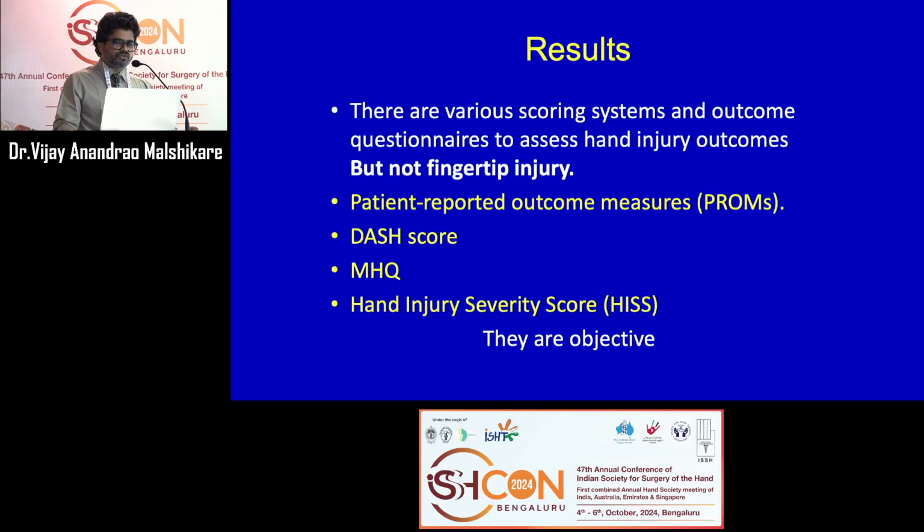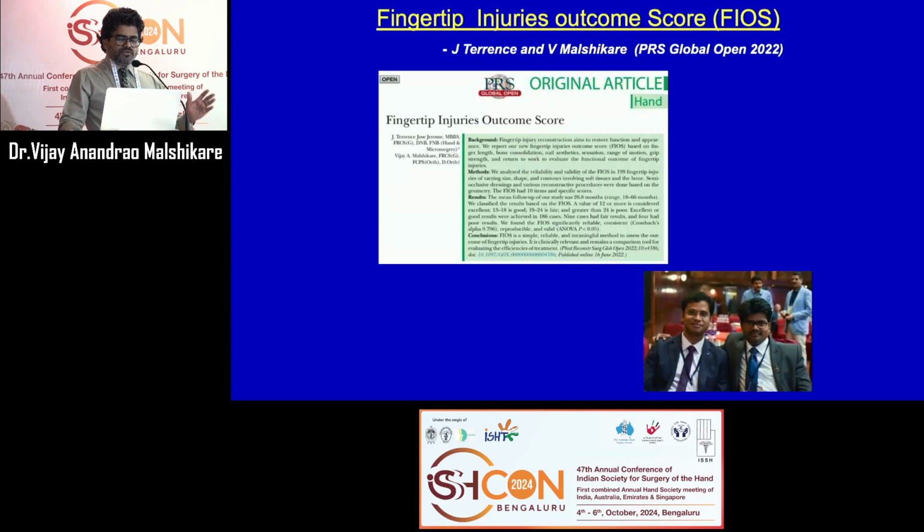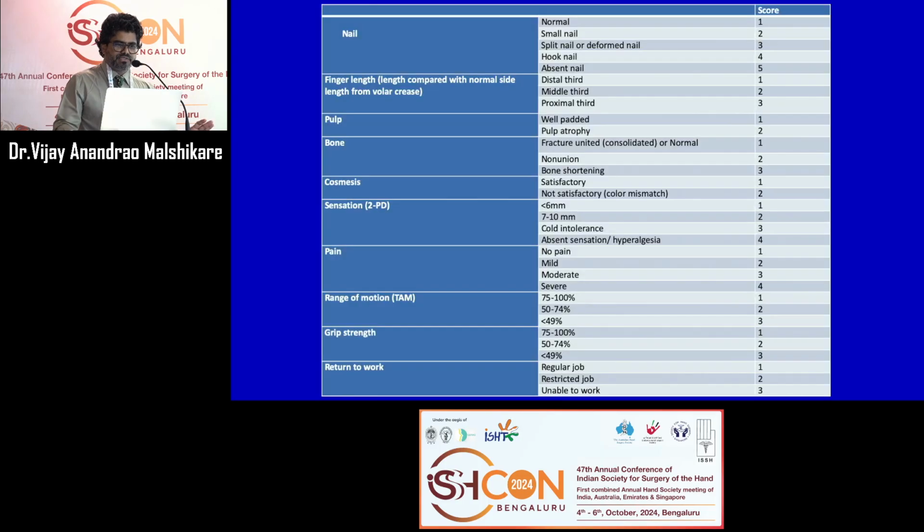Results: there were various scoring systems, like the outcome questionnaire to assess hand injury outcome score, but fingertip injury doesn't have a proper score. So, my colleague Dr. Terence and I have published this fingertip injury assessment score, which is very easy. It has points for nail, finger length, pulp, bone, cosmesis, sensation, pain, range of motion, grip strength, and return to work.